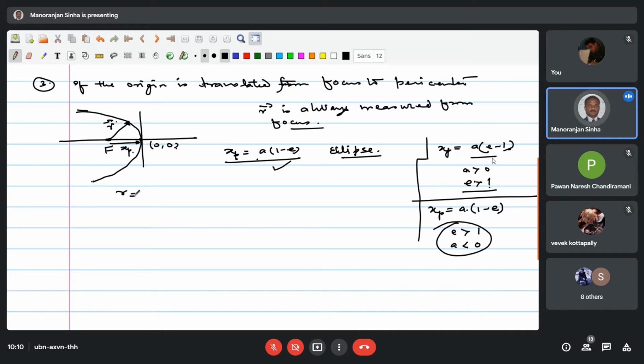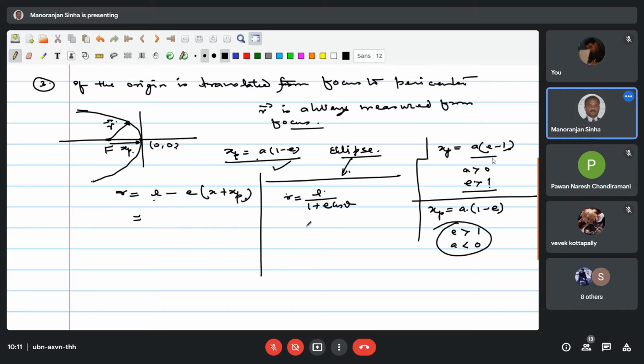So here in this case, this l minus ex can be written as l. If we are considering this ellipse, then we know that r equal to l by 1 plus e cos theta.